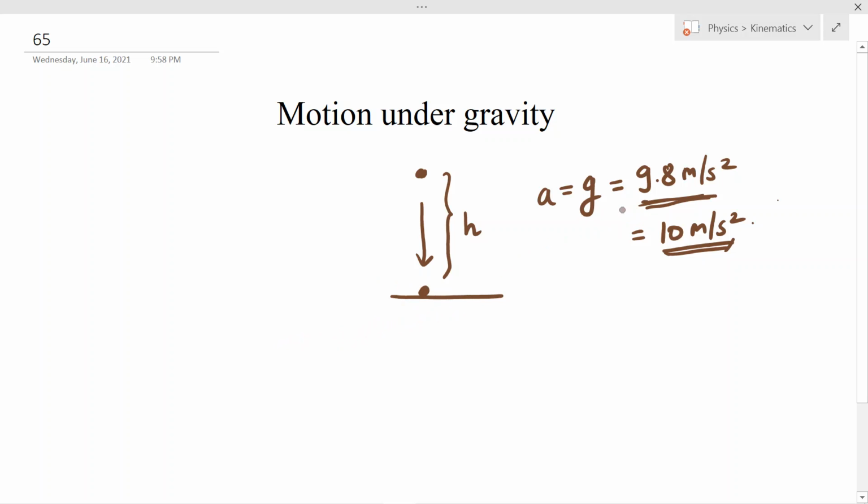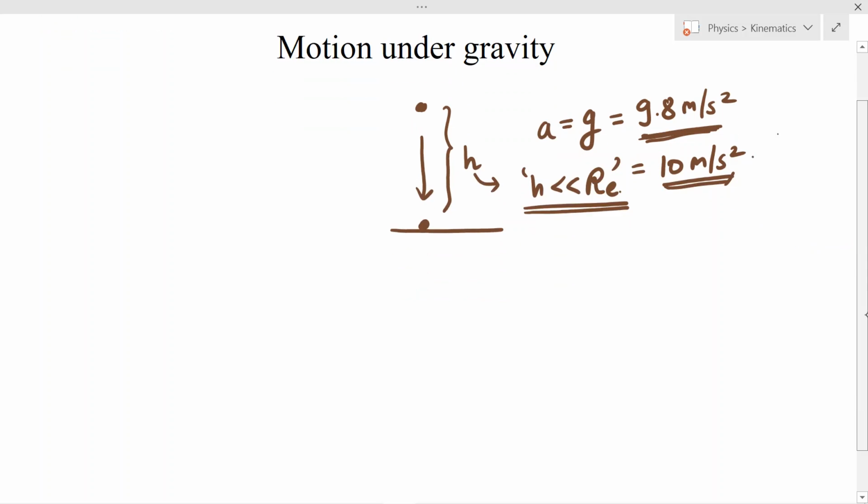And this g that we have taken over here, 9.8 meter per second square, is the value which is to be considered only if these heights h are very less than the radius of the earth. So g is 9.8, that is constant only for heights which are much lesser than the radius of the earth.